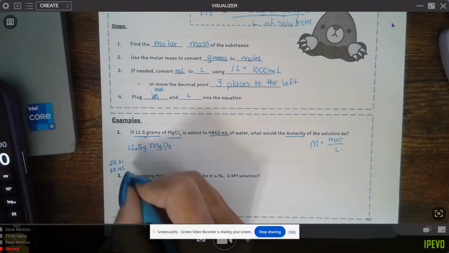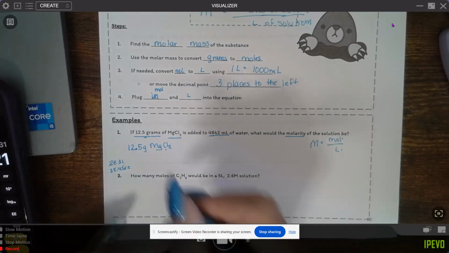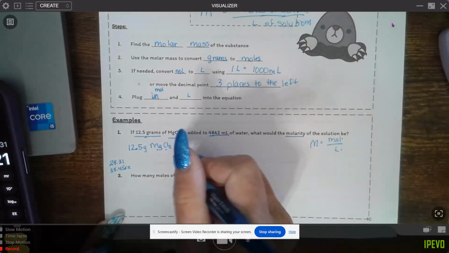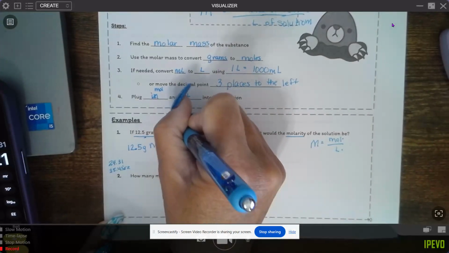We need 2 of those. To get the molar mass, I need to add this all together, and the molar mass is 95.21. I'll write that up here.